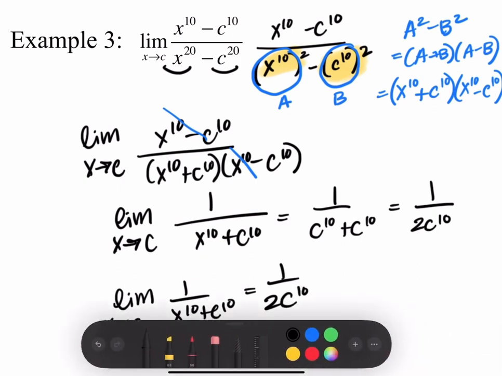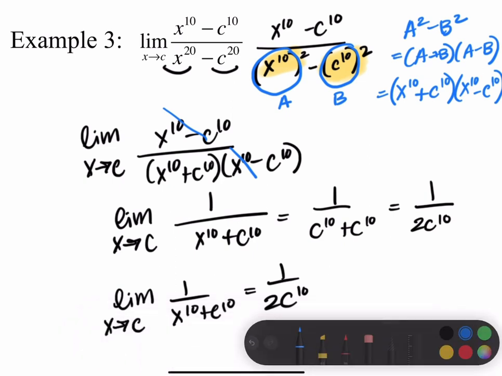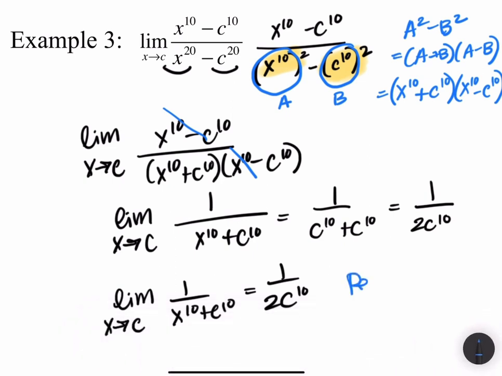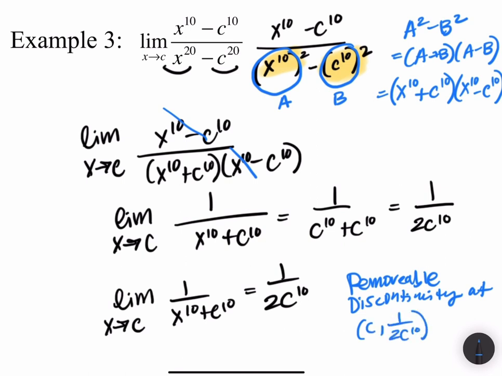Do I have a removable discontinuity? Yes, I do. I have a removable discontinuity at c, comma 1 over 2c to the power of 10.